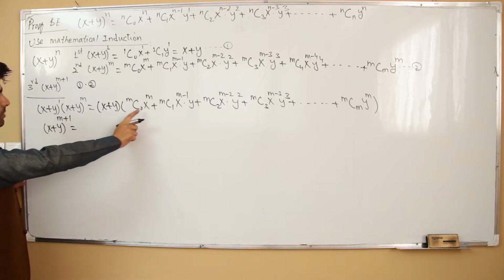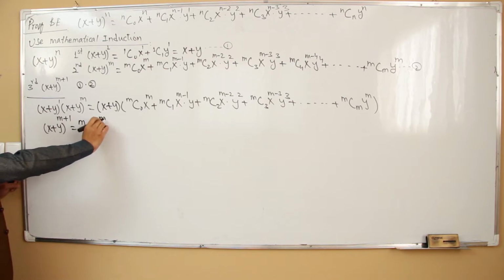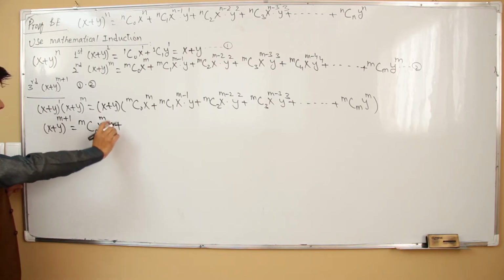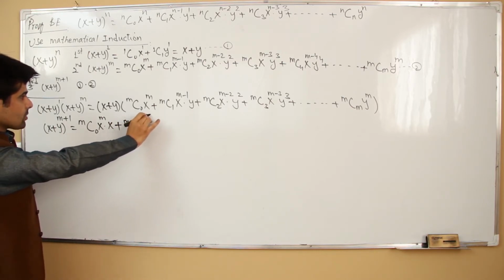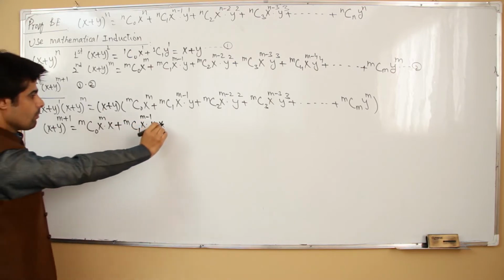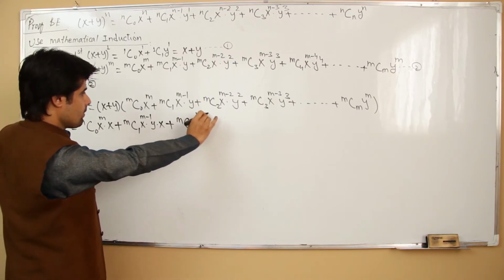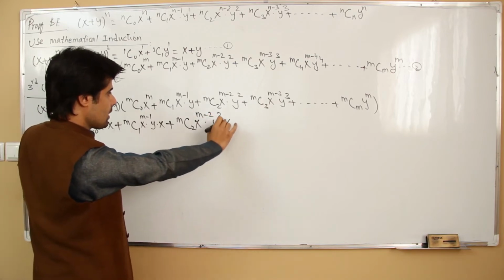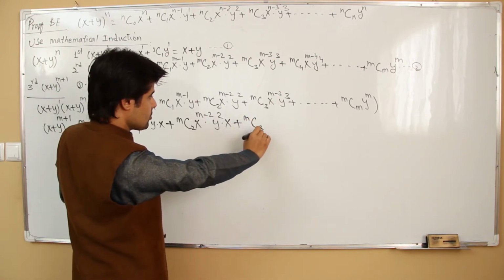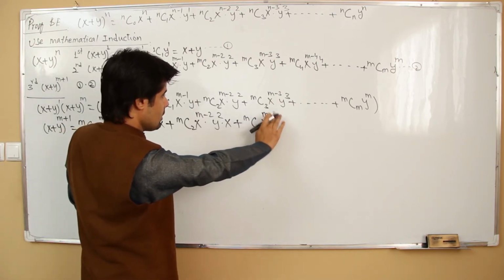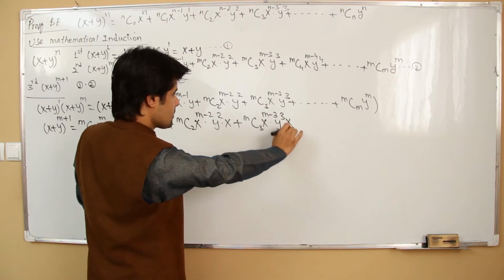Now you have x with this one, so you will have mc0 x to the power m times x, plus x with this one, mc1 x to the power m minus 1 y times x, plus this x with this one, mc2 x to the power m minus 2 y to the power 2 times x, plus this term with this one, mc3 x to the power m minus 3 y to the power 3 times x.